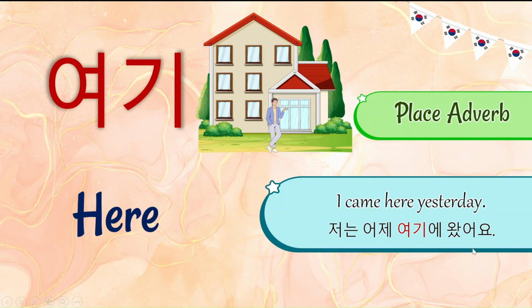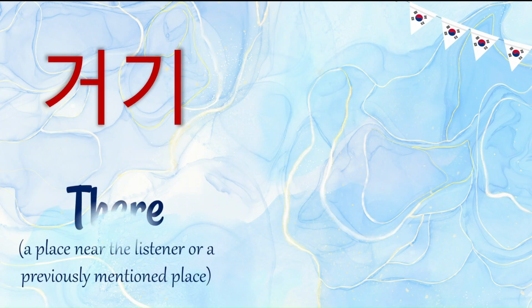Okay, next comes the adverb 거기. 거기 means there. So 거기 is used to indicate a place near the listener or a previously mentioned place. For example, you're talking to someone and you want to indicate a place near that person, so you indicate that place using 거기.